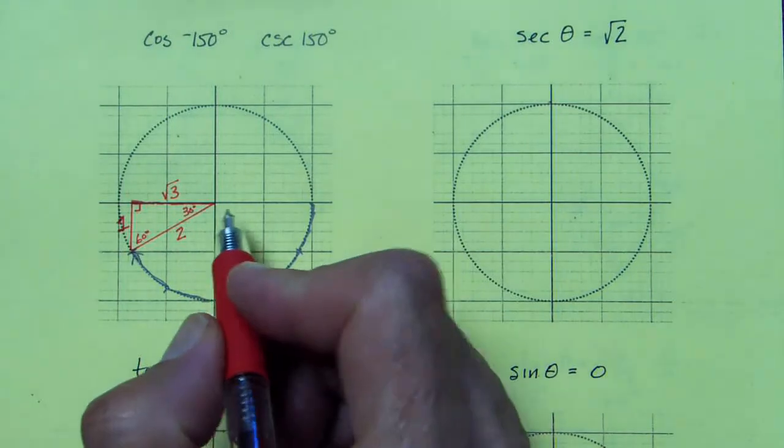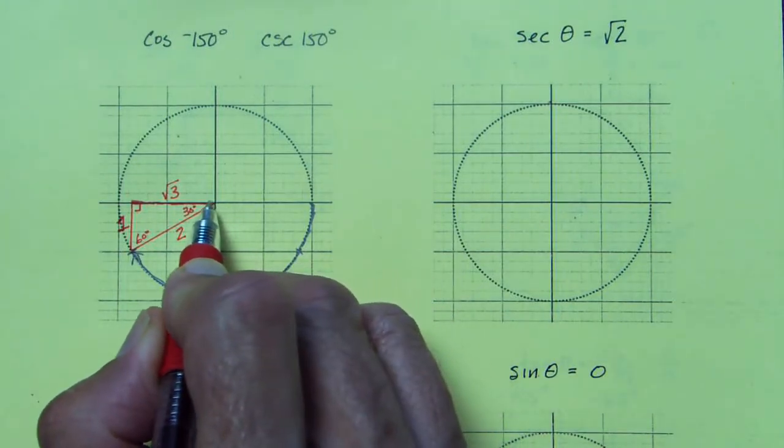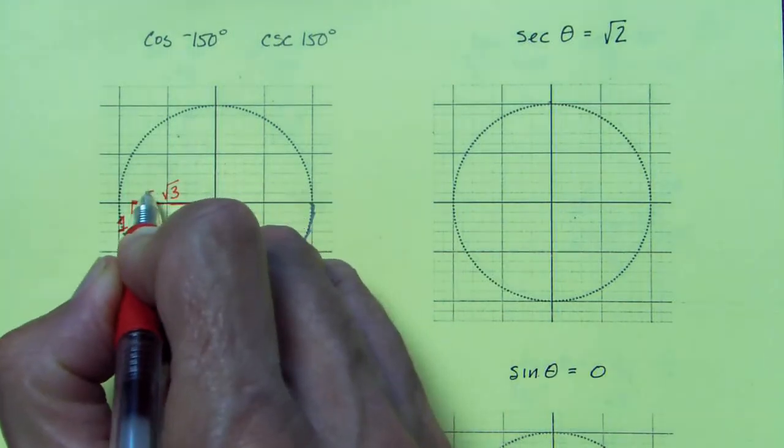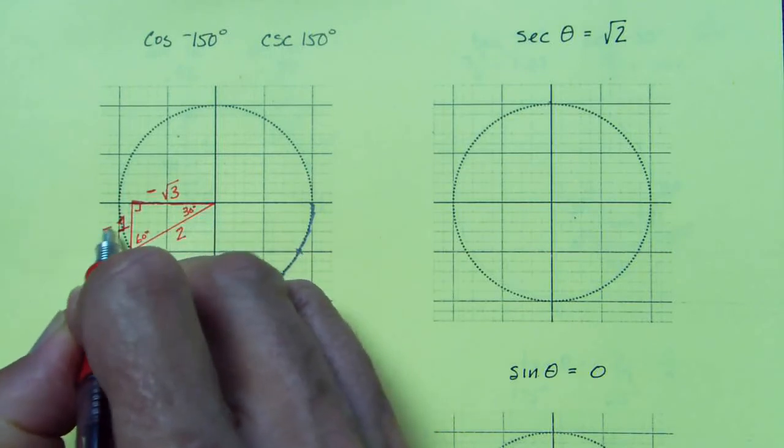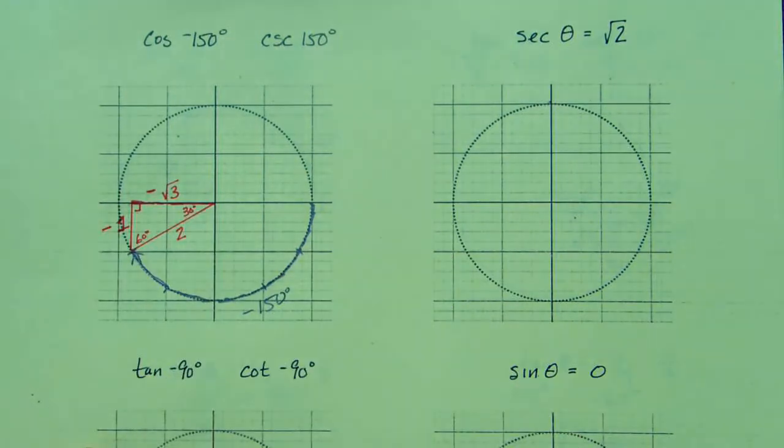The legs can take on negative value. This leg is going to the left, so we'll call that a negative root 3. This leg is going down, so we'll call it a negative 1. And remember, the hypotenuse stays neutral in the whole conversation. It's only the legs that'll take on negative value. Keep the hypotenuse neutral in all cases.